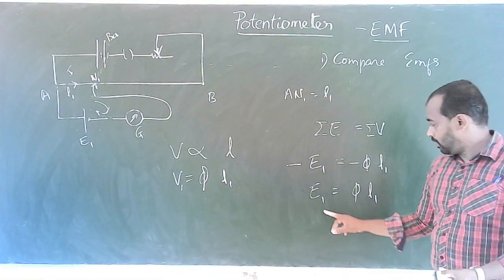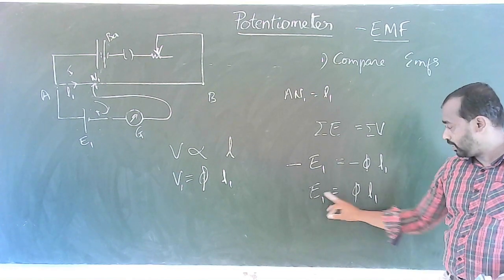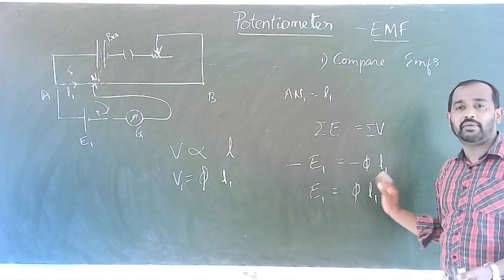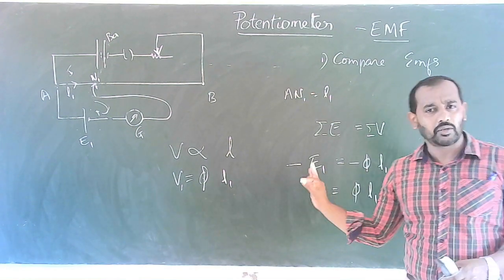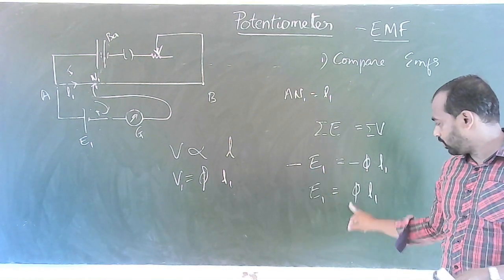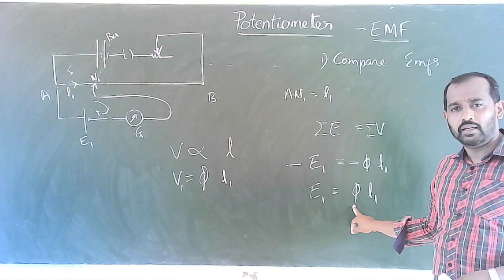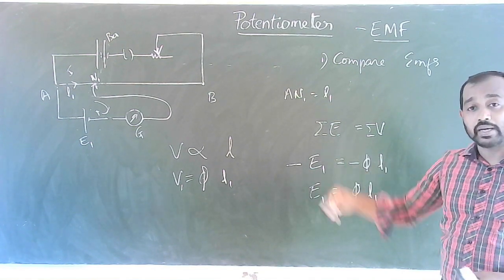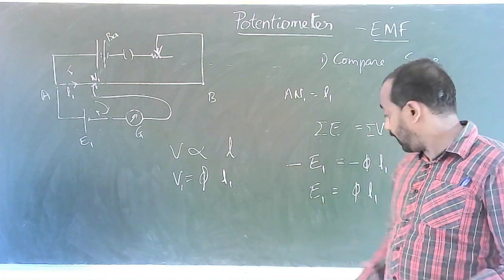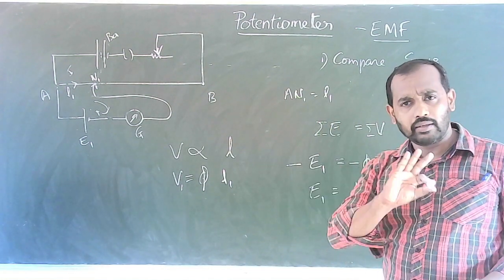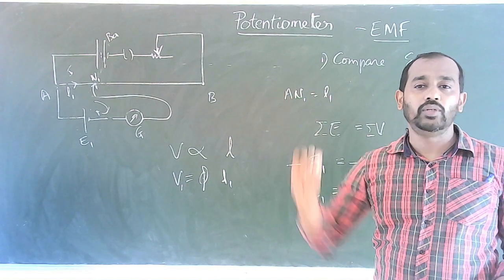Now, we have found the expression for the EMF E1. But how do we find out the value of the EMF E1? It is not possible from this equation, because we do not know the value of phi. It depends on various factors like current, the area of cross section of the wire, and also the material of the wire. So we do not need to do that.